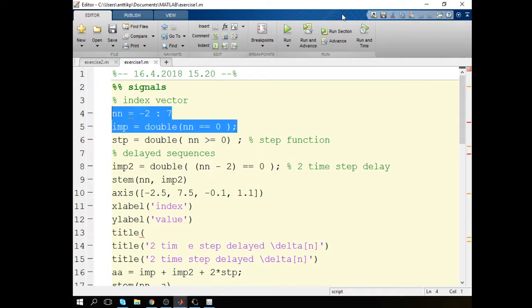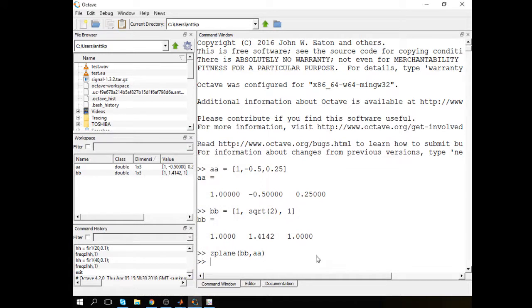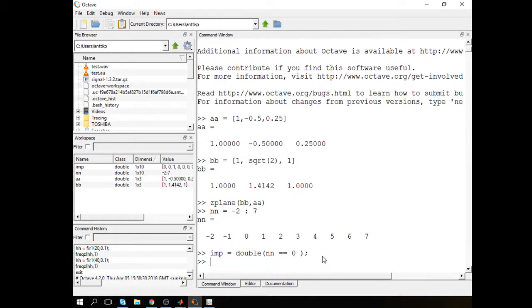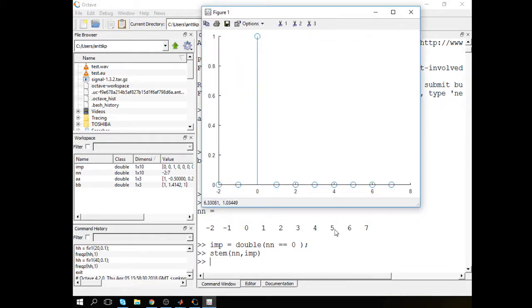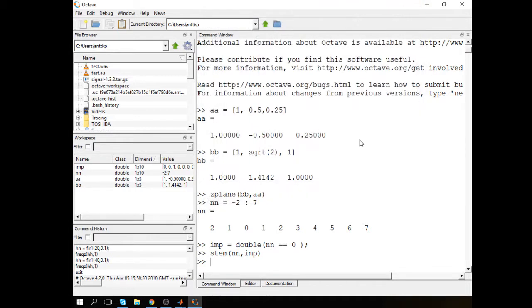I'll just copy those and put them here. Actually, I can check that this one really is what I'm looking for. Yeah, it's the impulse function. Then we can run this impulse signal through the system.